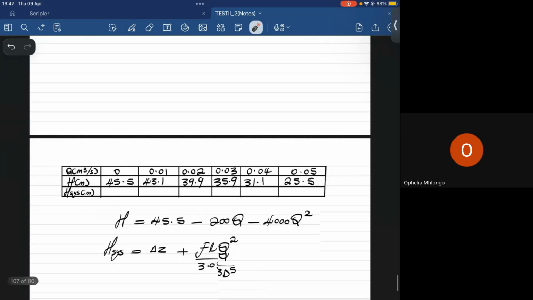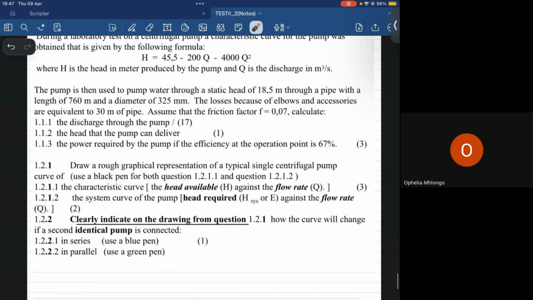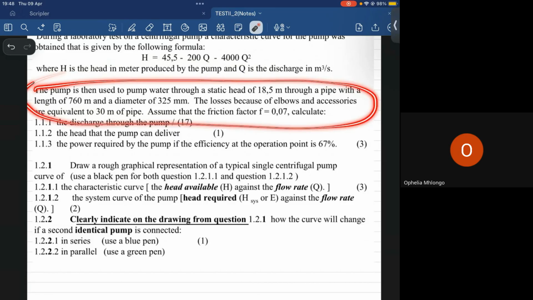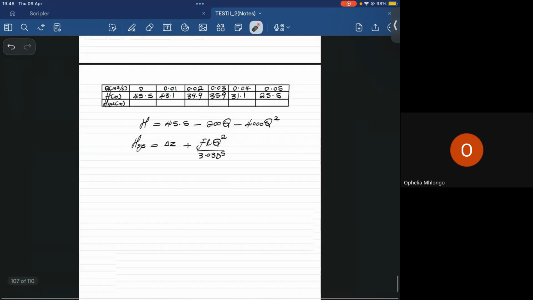Now we're going to use the data provided in this paragraph to generate the equation of the system curve. Like I told you, the steady state is the change in elevation head, 18.5 meters.